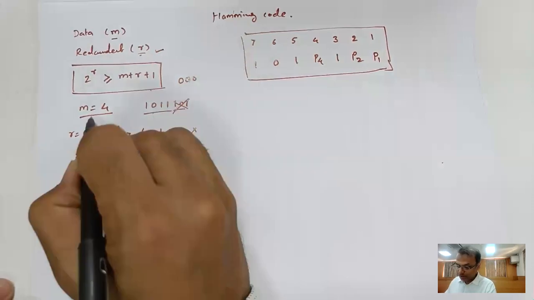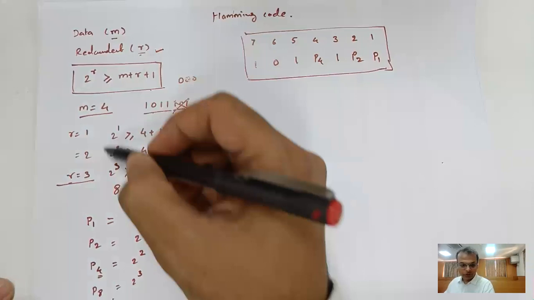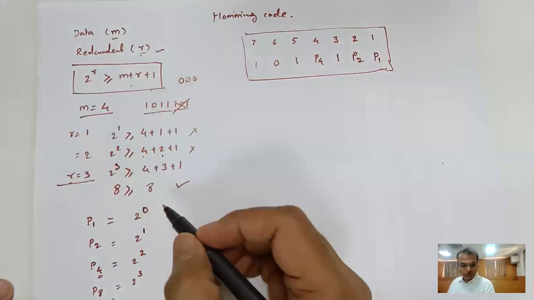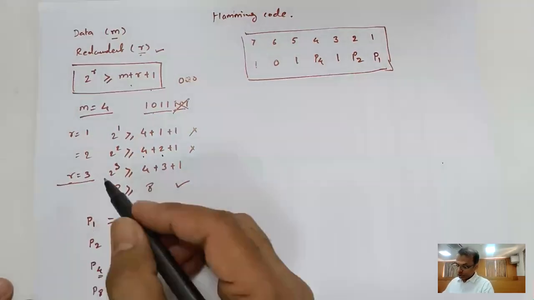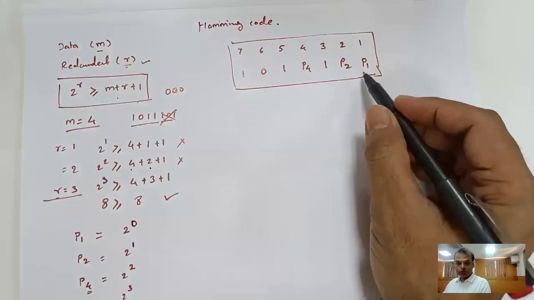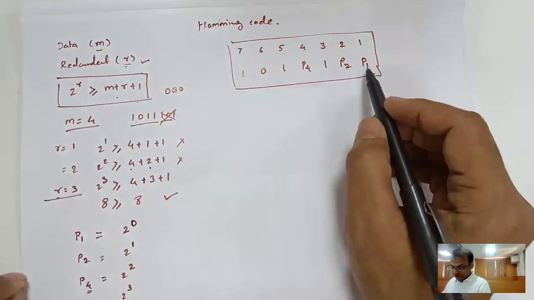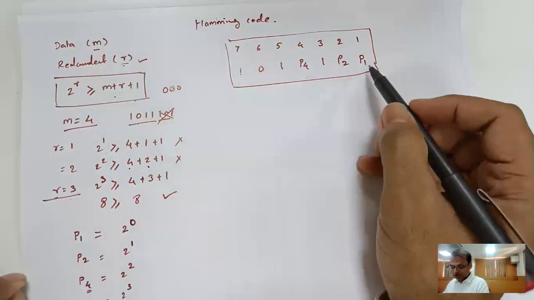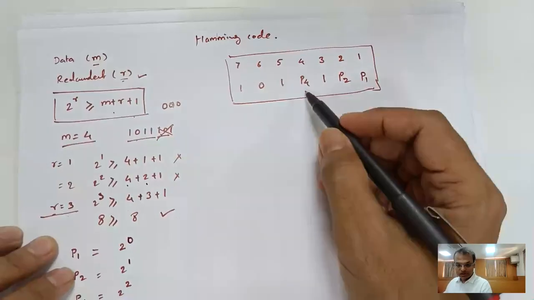Given the number of data bits, you have to find out the value of r which satisfies this formula. Once you find that, you want to find out the positions of those redundant bits in the Hamming code. It is not continuous. You have to place them at 2 raised to 0, 2 raised to 1, 2 raised to 2, 2 raised to 3, and so on. In this there are only 3 parity bits.